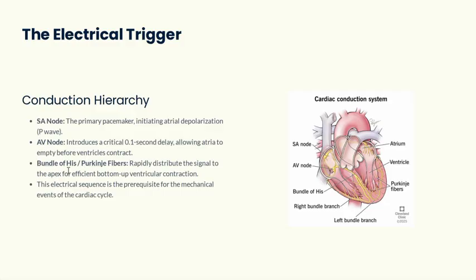And now the bundle of His and the Purkinje fibers rapidly distribute the signal to the apex for efficient bottom-up ventricular contraction. And this electrical sequence is the prerequisite for the mechanical event of the cardiac cycle.